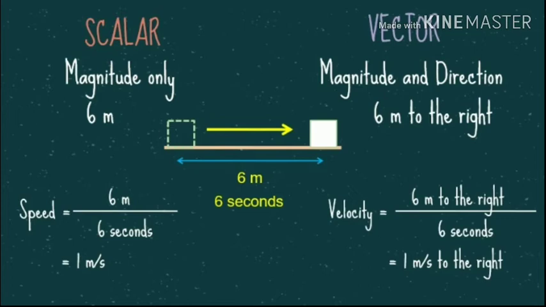So, the velocity is 1 meter per second to the right. 1 meter per second indicates the value and the magnitude. To the right indicates the direction.